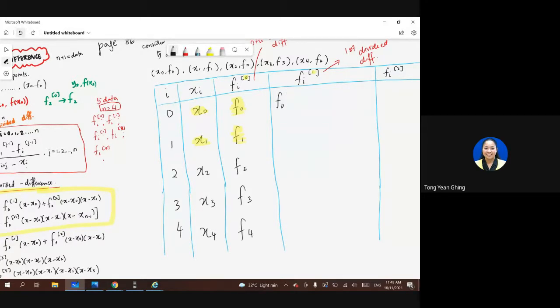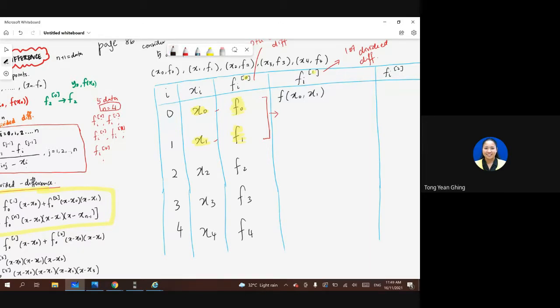Okay, so the first one, we want to do the divided difference for f x0 and x1. This is easier. So that means we have to consider these two.